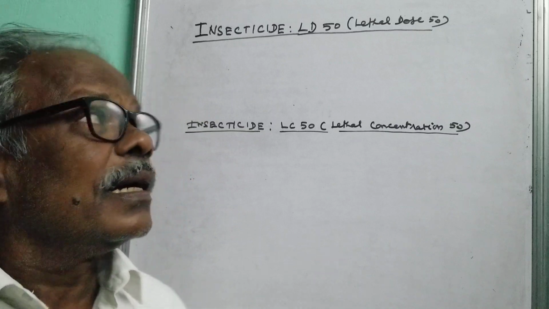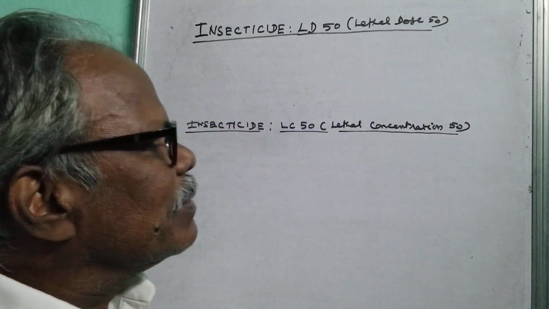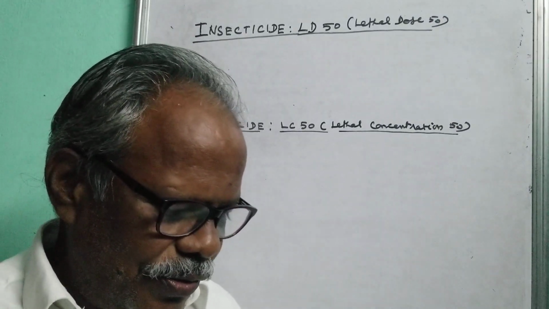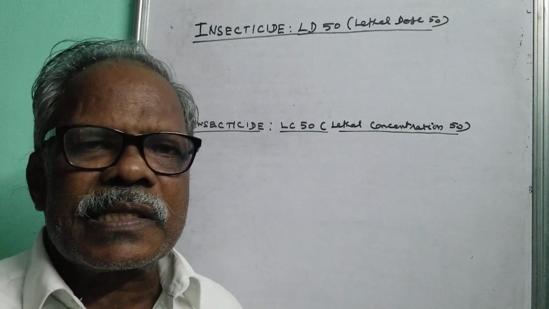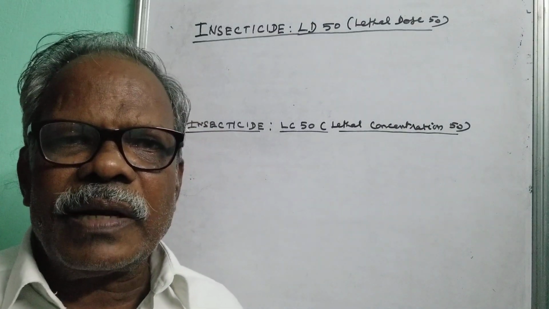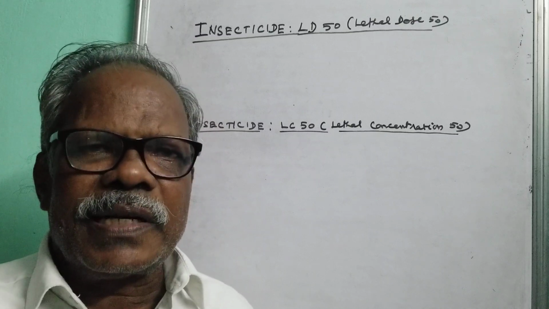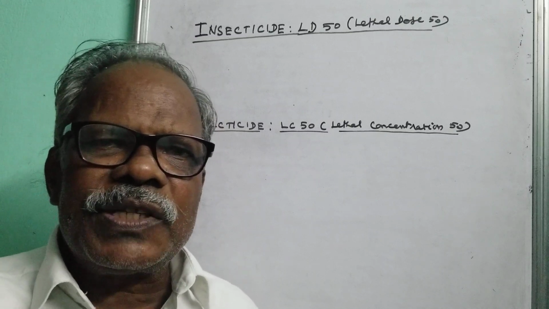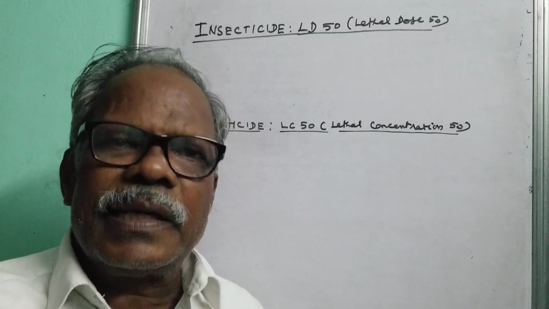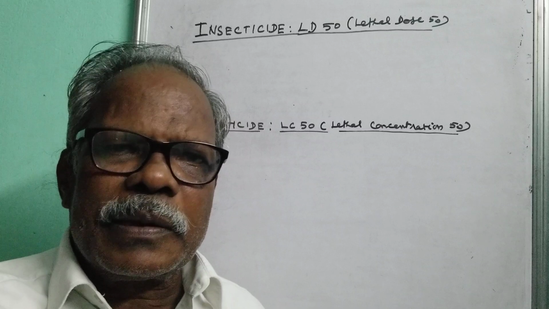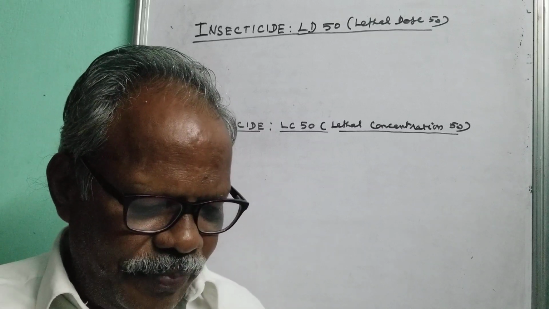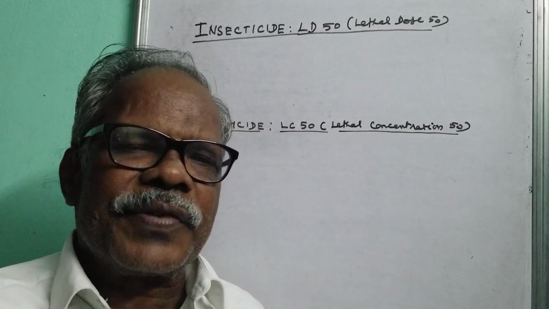Whenever lethal dose 50 is mentioned, it is always expressed in milligrams per kg of body weight. So whenever LD50 is referred, it refers to the milligrams of the chemical and how much body weight is referred to.